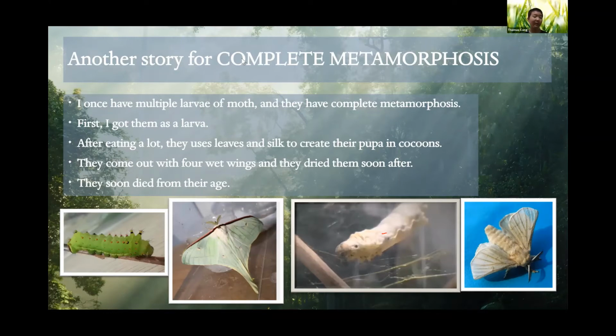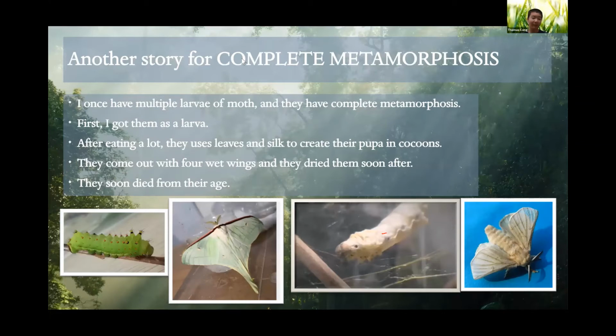After eating a lot, they will use leaves and silk to create their pupa in a cocoon. Usually they will mainly use leaves, and leaves are just like the bricks of our home, and the silk is just like the concrete to connect each brick.